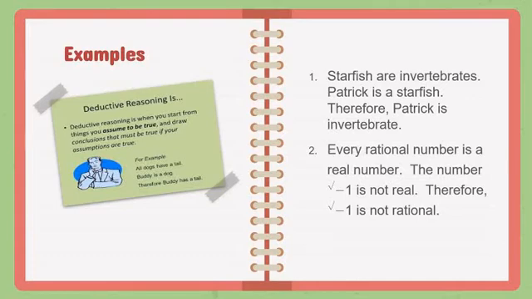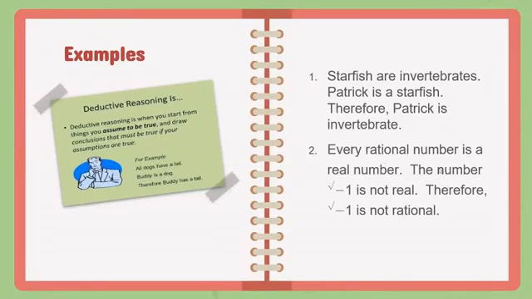So deductive reasoning starts when you start from things you assume to be true and then draw conclusions that must be true if your assumptions are true. Kagaya nito, every rational number is a real number. This one is not real, therefore it's not rational. So you make conclusions based on the assumption that every rational number is a real number. Ito yung assumption natin.